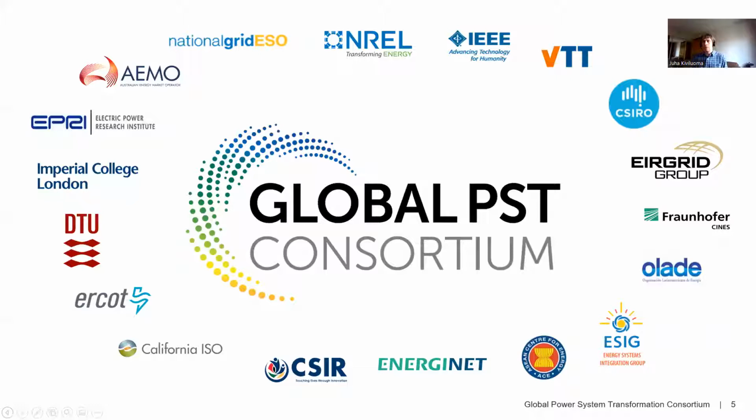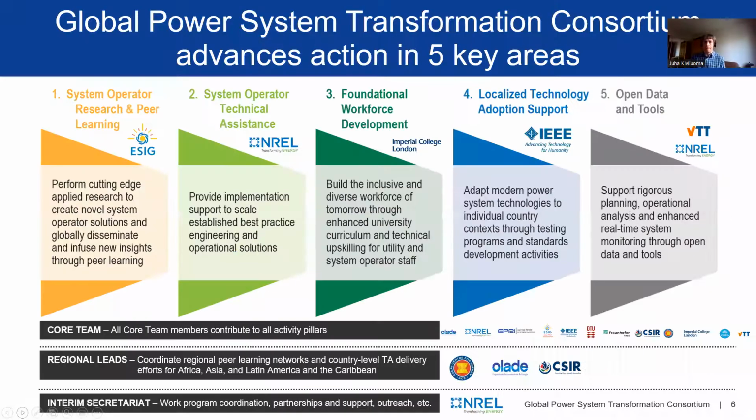So here are the leading members of the Global Power System Consortium. Next slide. And then just very shortly, I know many of you have seen this already before. So the G-PST is formed by 5 pillars. The first one does research to enable inverter-based power systems.